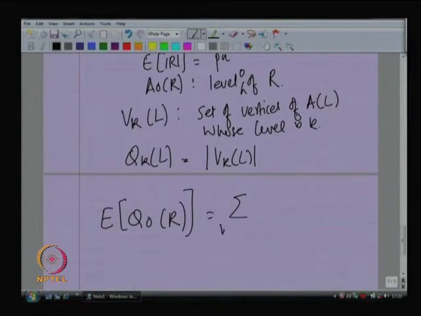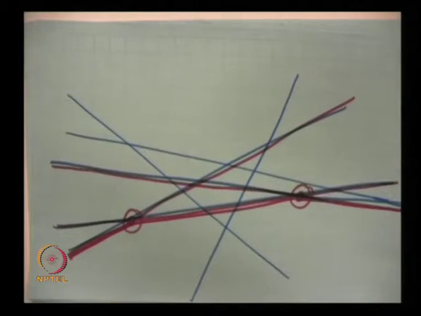Its expected value is nothing but: you look at all the vertices in the arrangement and ask the question, what is the probability that V R belongs to V 0, right, because that is by definition of expectation. The vertices on the low envelope of the random subset are nothing but vertices of the original arrangement.